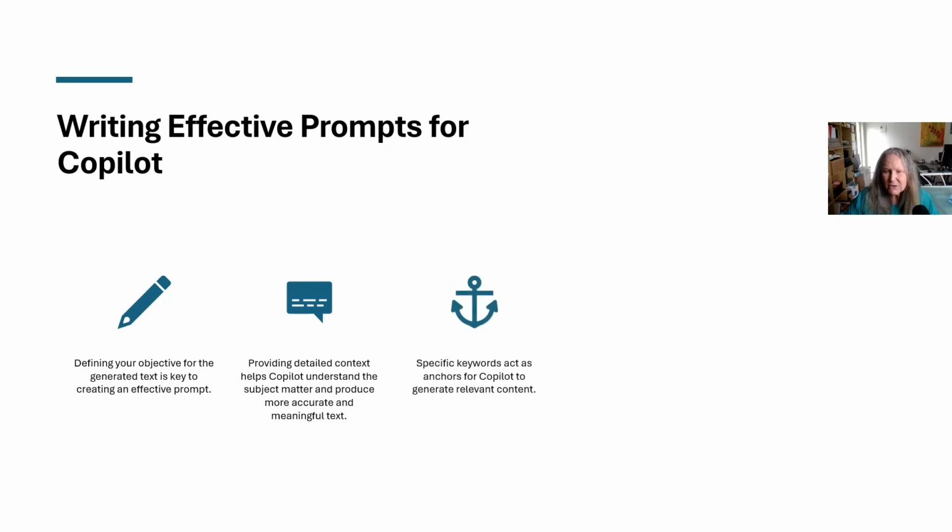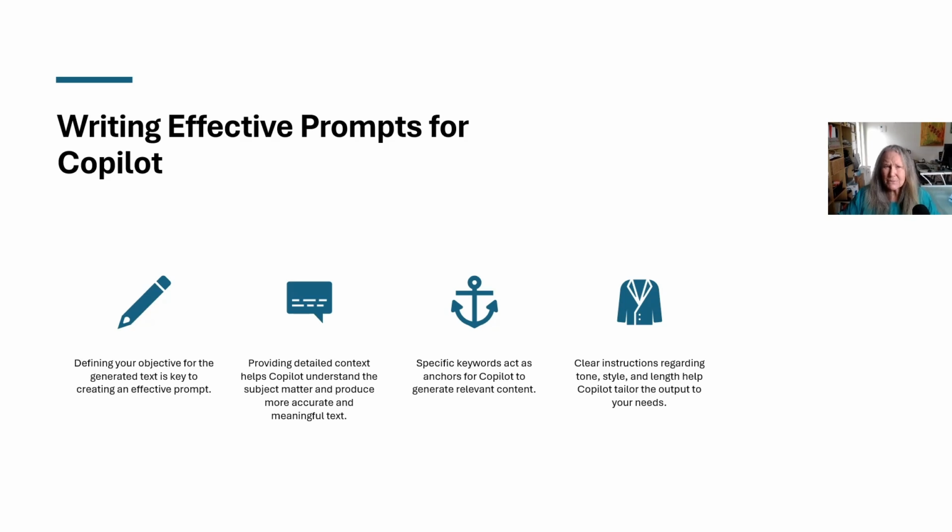Using specific words that are deliberately in that prompt for a reason will act as anchors for Copilot to generate relevant content. Provide Copilot in your prompt with clear instructions with regards to the tone, the style, the length, and help Copilot tailor the output to meet your needs.